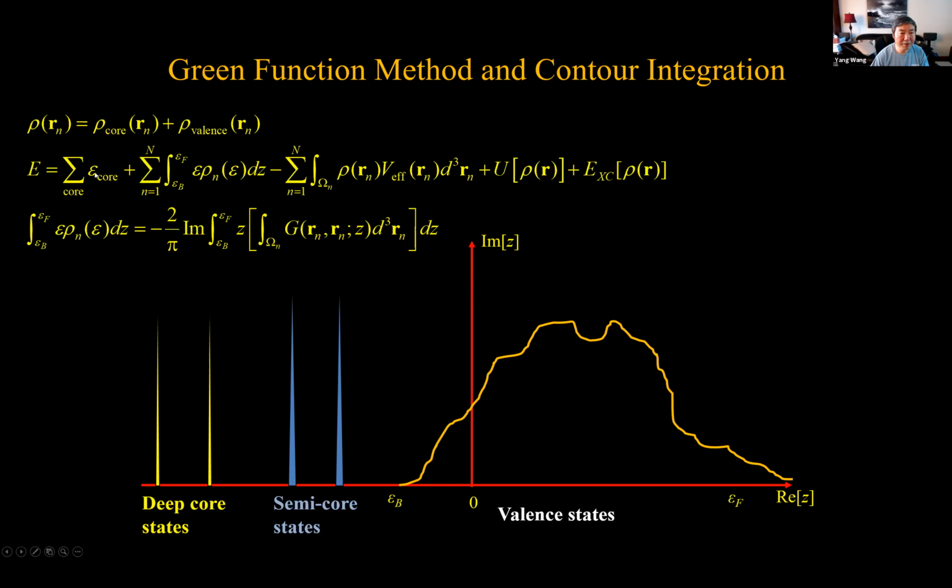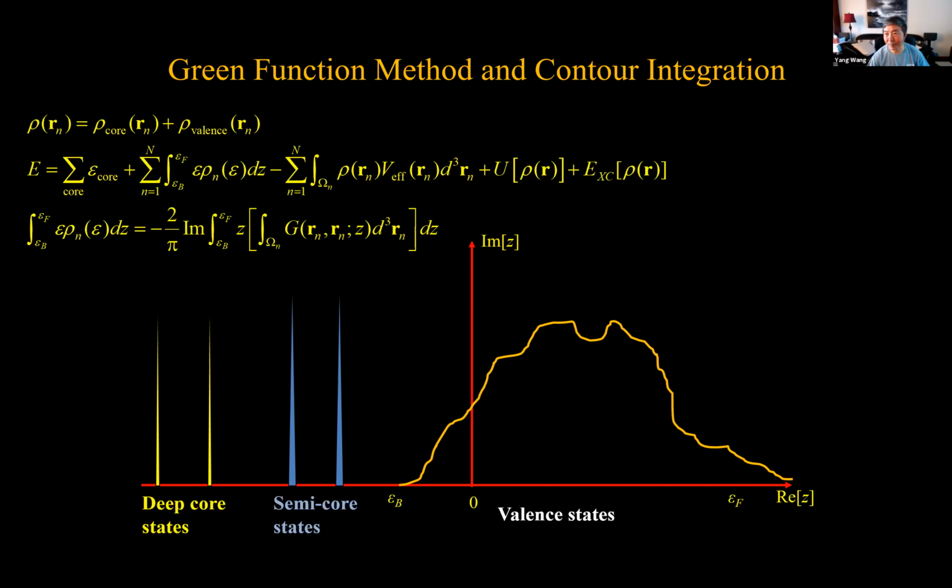The total energy is the Hartree energy plus exchange correlation energy plus the kinetic energy. Kinetic energy in the plane wave method is usually calculated by applying the Laplacian to the wave functions, but we don't calculate wave functions in the Green's function method. What we do is calculate all the band energy and the core state energy, minus rho times v. That's a different way of calculating the Laplacian and integrating over space.